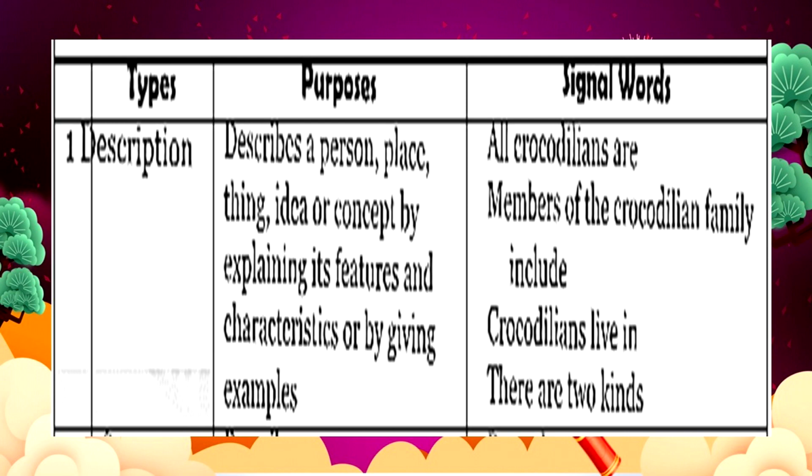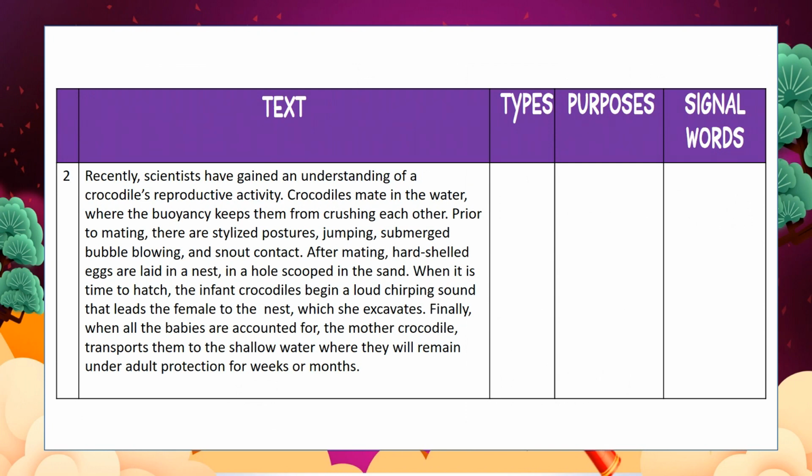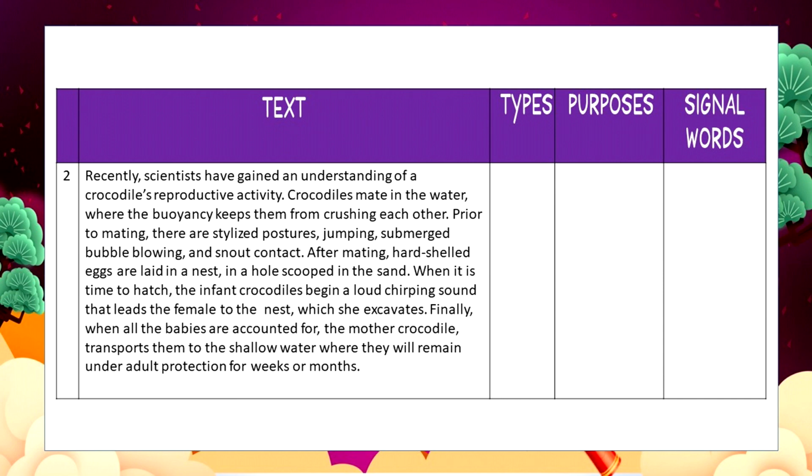Okay, for number 2: Recently, scientists have gained an understanding of a crocodile's reproductive activity. Crocodiles mate in the water, where the buoyancy keeps them from crushing each other. Prior to mating, there are stylized postures, jumping, submerged bubble blowing, and snout contact.